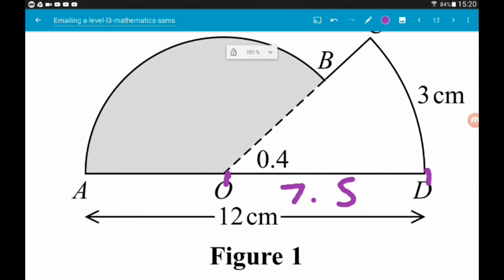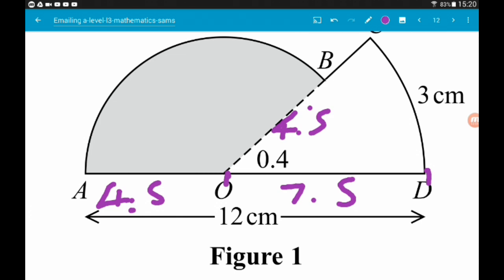Now that we have OD as 7.5, we know the radius of AOB is 12 minus 7.5, which gives us 4.5. So the radius of the shaded sector is 4.5.